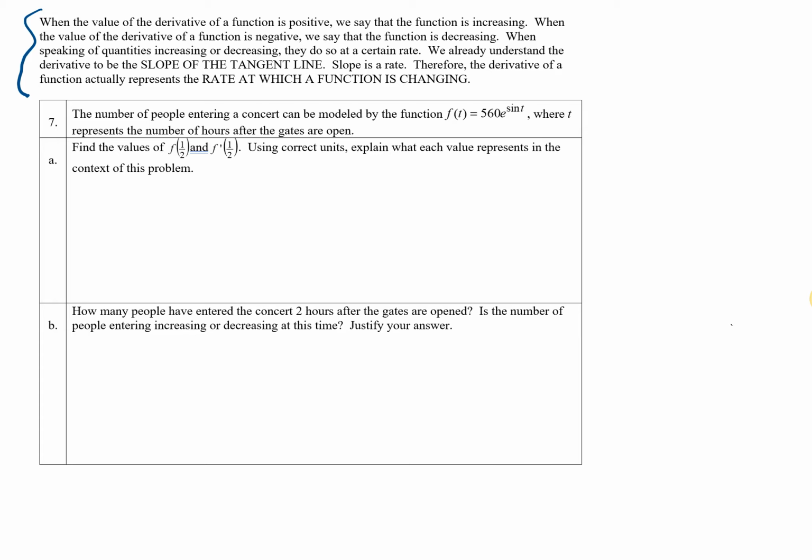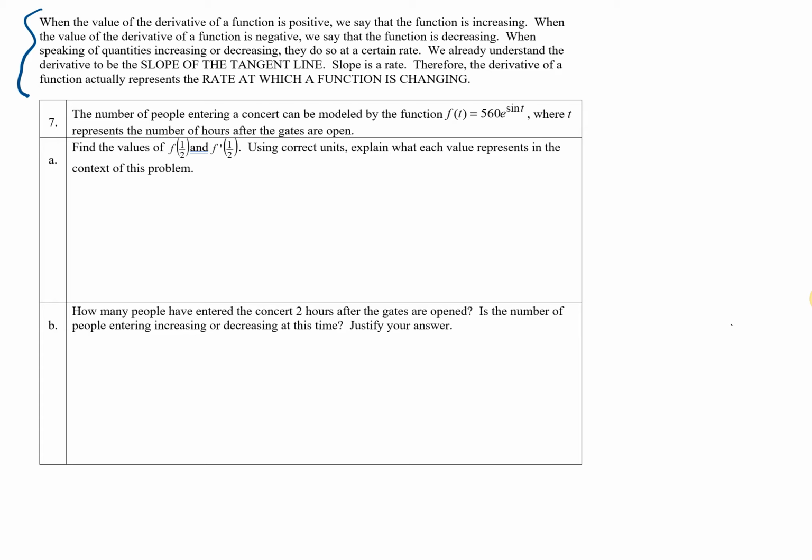All right. So what we're going to do is look at an application problem, and it's a really neat problem because maybe you don't consider these things going on in your everyday life, but they do. There's really calculus all around us. So suppose you and your friends are going to a concert and people are going in through the doors.